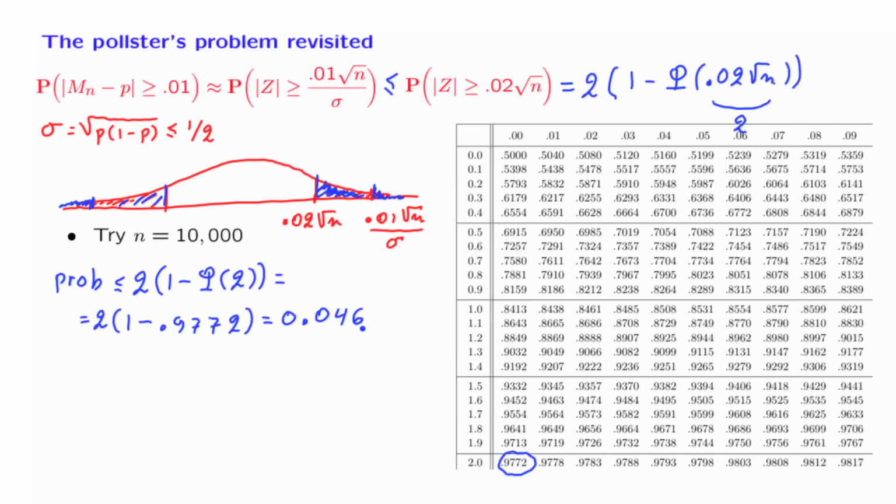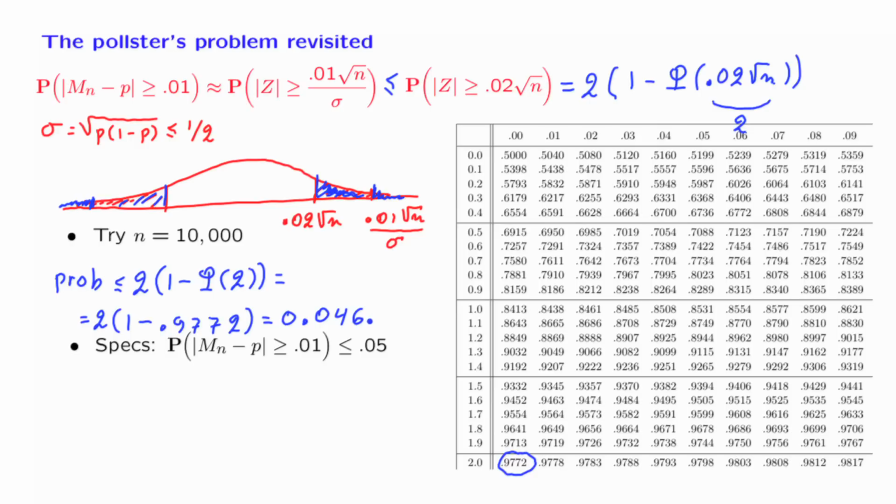This is pretty good. And suppose that your boss now tells you, I only want the probability of not meeting the specs to be 5%. You look at this result and you say, with 10,000, I achieved a probability of a large error that's less than 5%. This means that I probably have some leeway and that I can reduce the size of my sample.